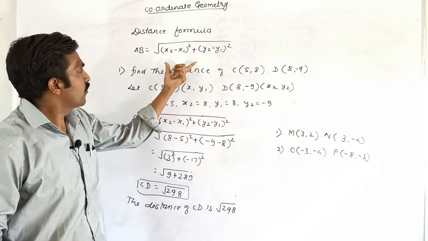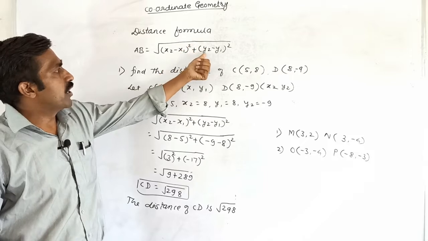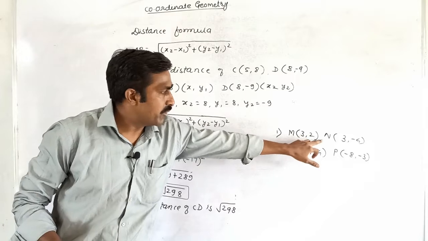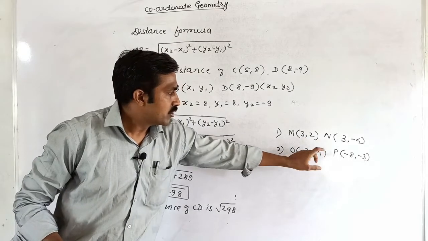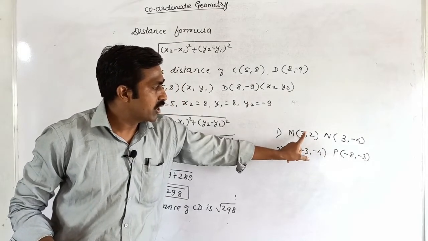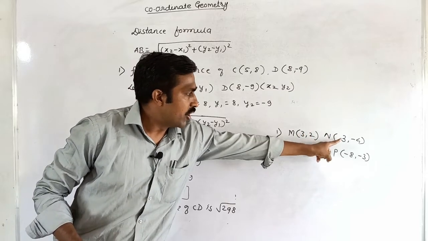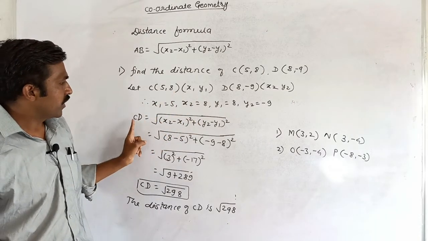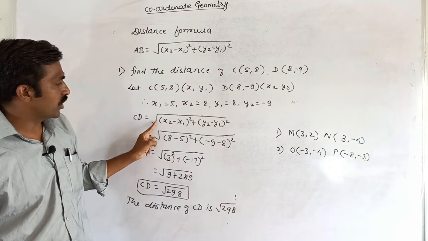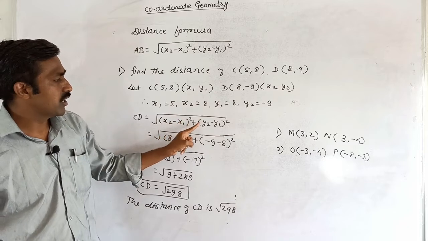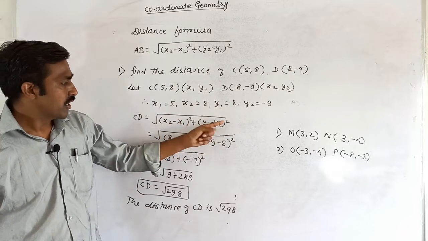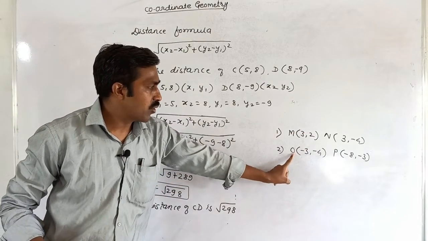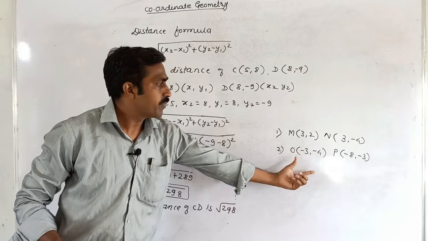Using this formula, square root of (x2 minus x1) square plus (y2 minus y1) square, you can find the distance of MN and the distance of OP. Put the values of x1, y1, x2 and y2 and calculate.